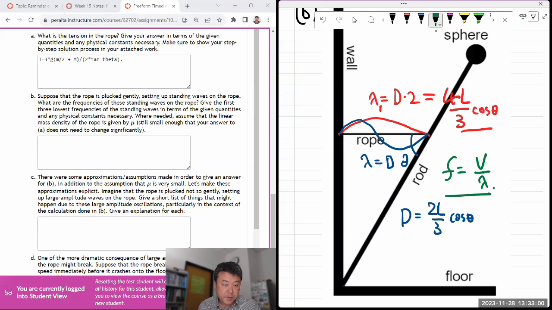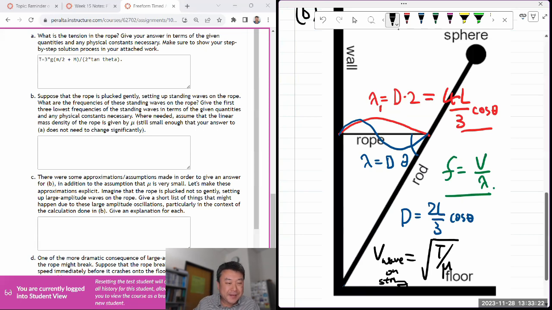Now, here's a formula that you kind of need to have memorized, or at a minimum know how to look up in a textbook. The wave speed of a wave on a string is given by the square root of tension divided by what's called the linear mass density. Oh yeah, they give you the linear mass density. That's great.